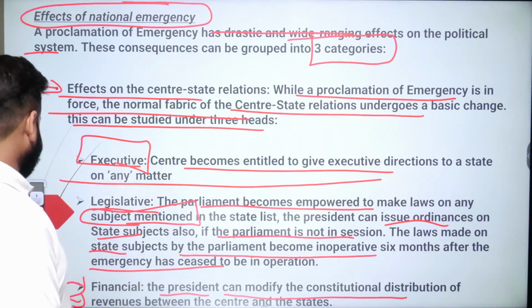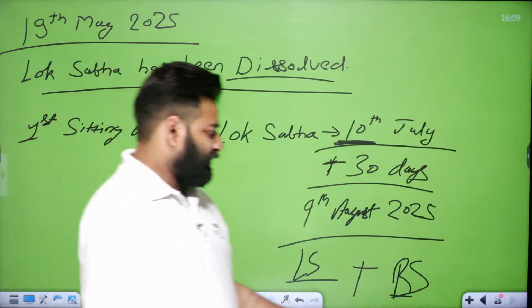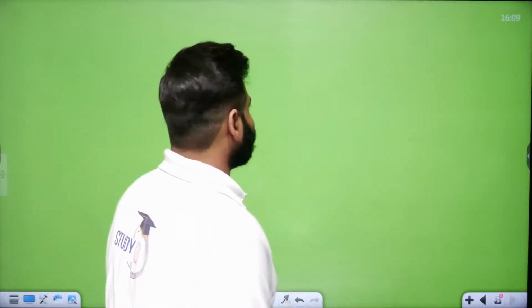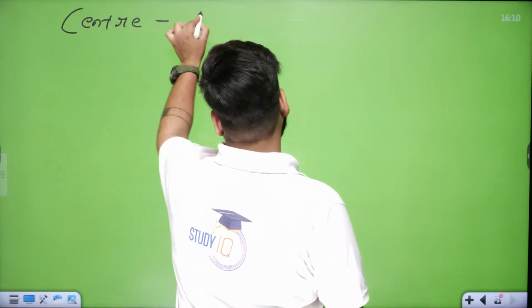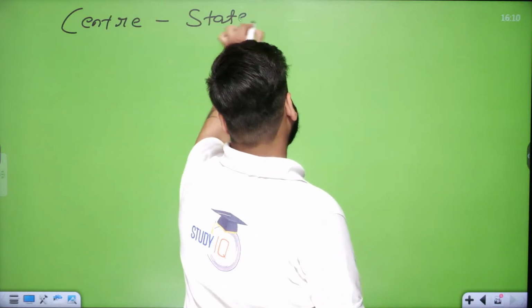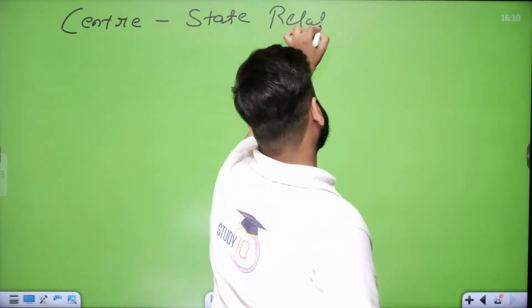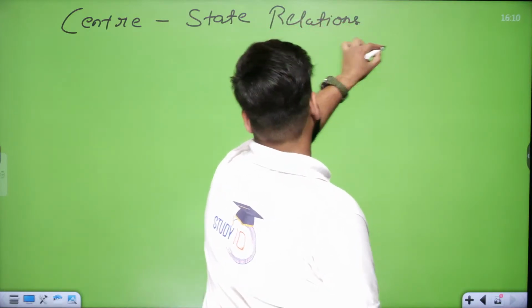So the difference, okay, what emergency creates. The first one is the center-state relations. What is this?